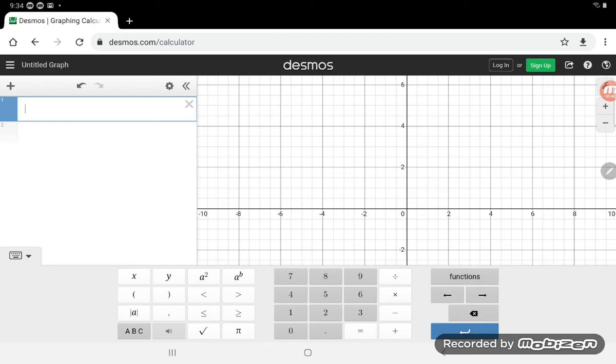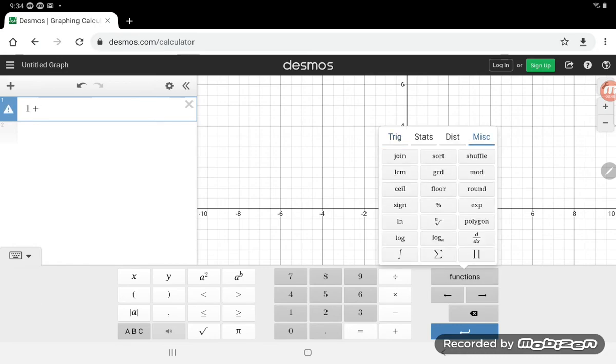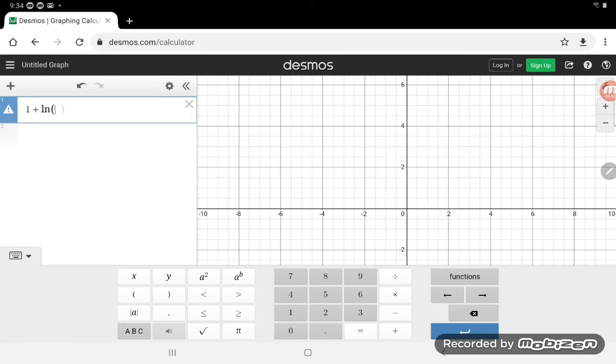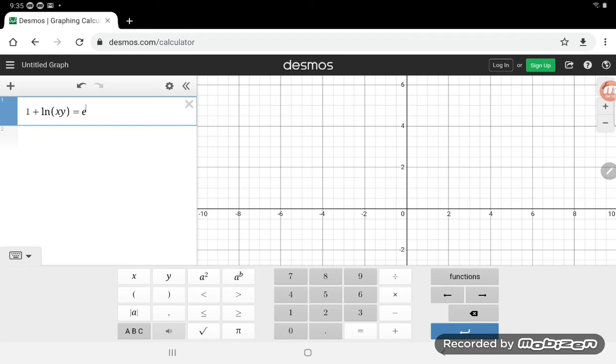I didn't do it ahead of time, probably should have, but this is 1 plus the natural log of x times y, and close off that parenthesis, and that is equal to e to the x minus y.